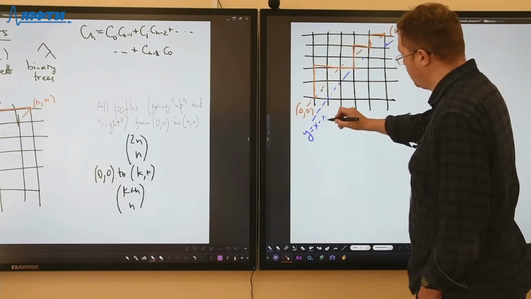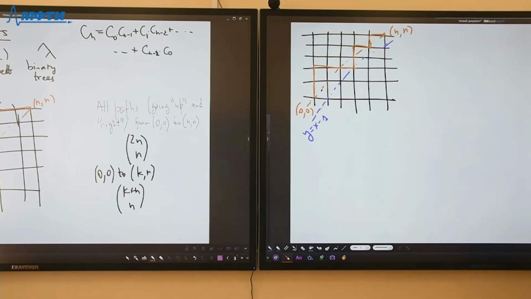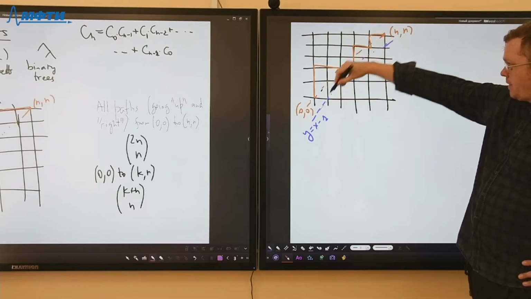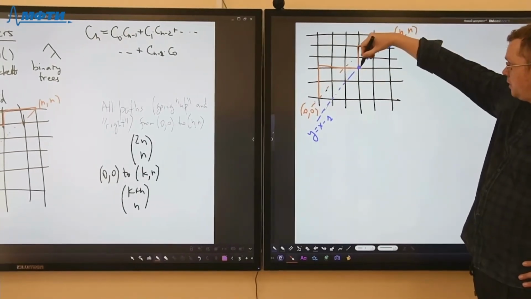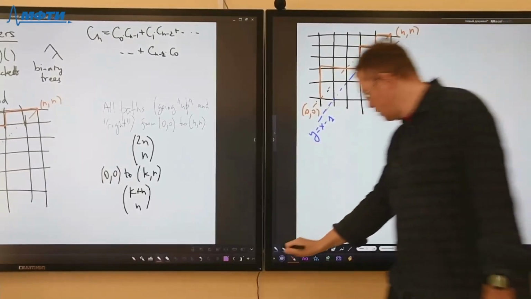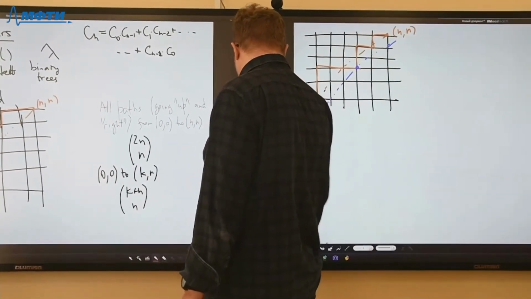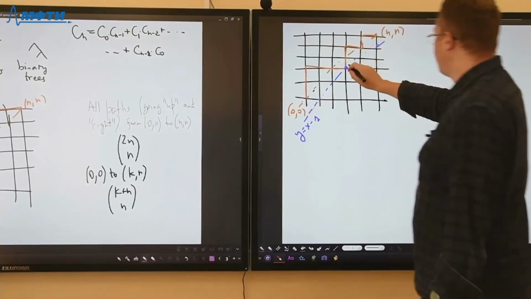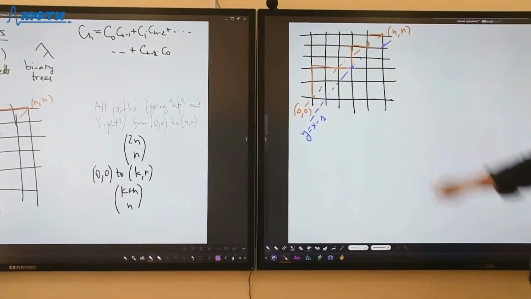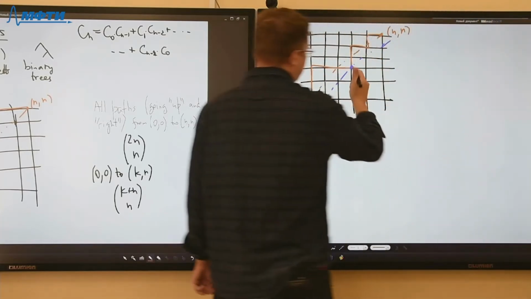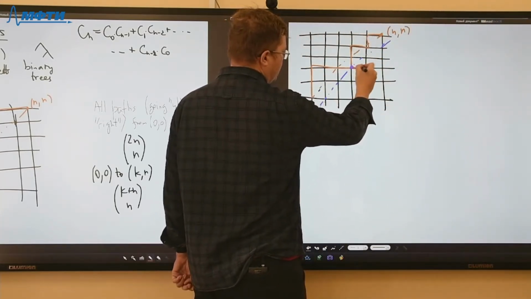We take the first time this path intersects this line, and all the path above it we reflect with this diagonal. So reflection is going like this.